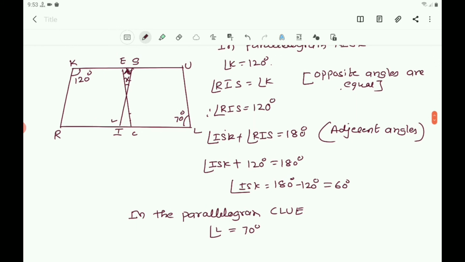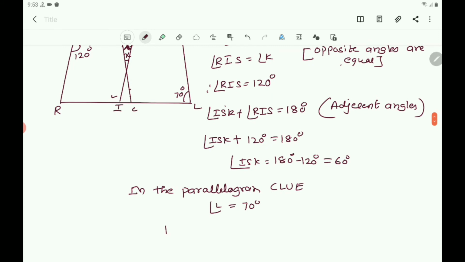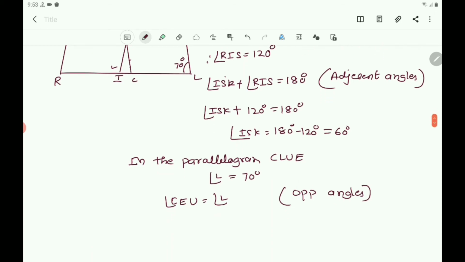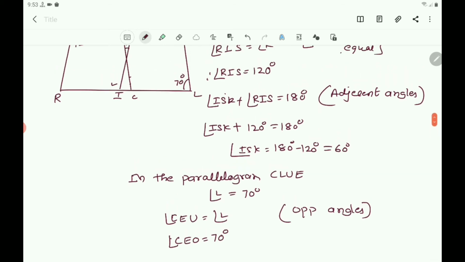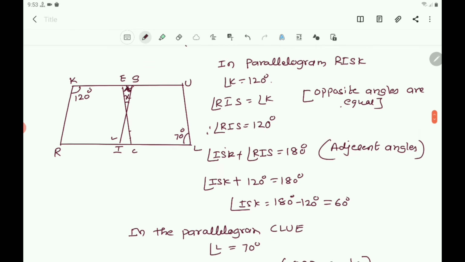Its opposite angle is CEU. Angle CEU must be equal to angle L because they are opposite angles. As angle L is 70 degree, angle CEU must be equal to 70 degree. Now you got angle CEU and angle ISK.